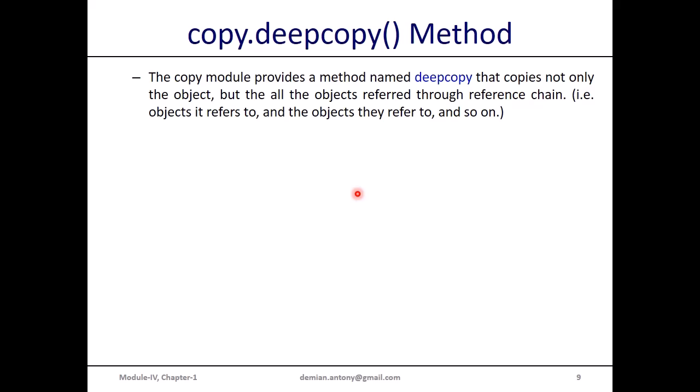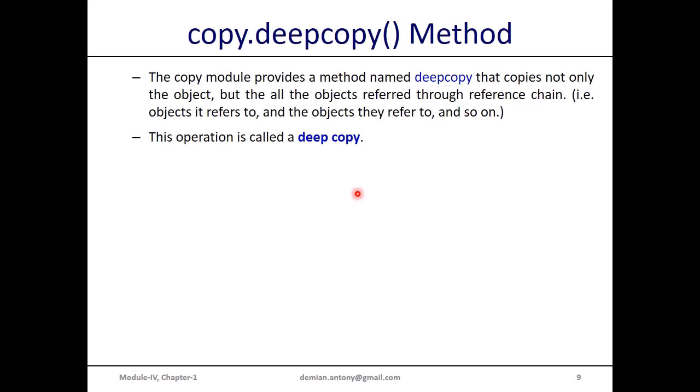Ultimately, we get totally multiple copies, and each individual member or attribute is a totally self-contained object. There is no shared reference.